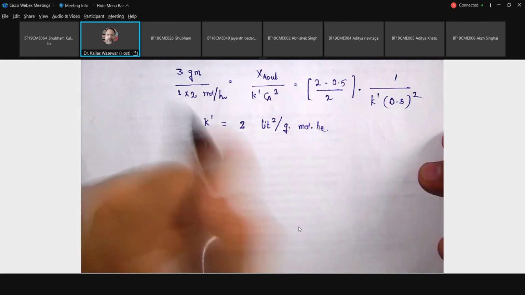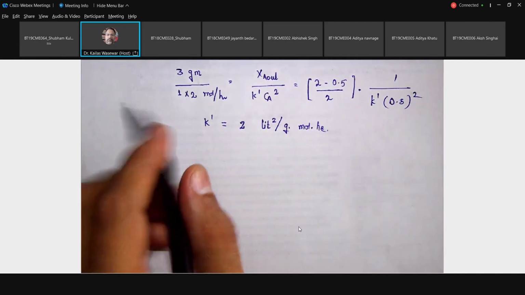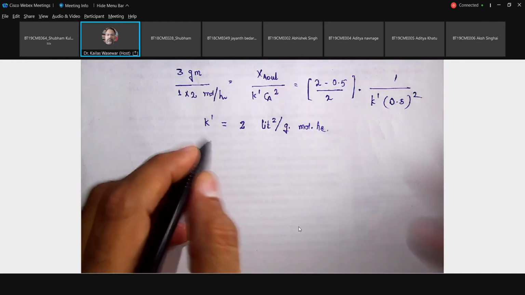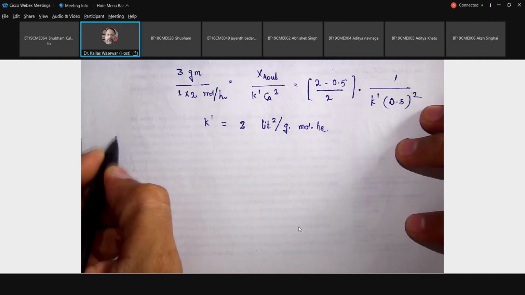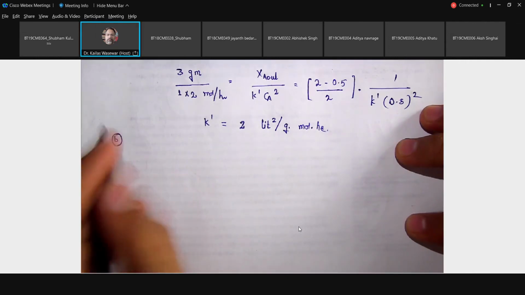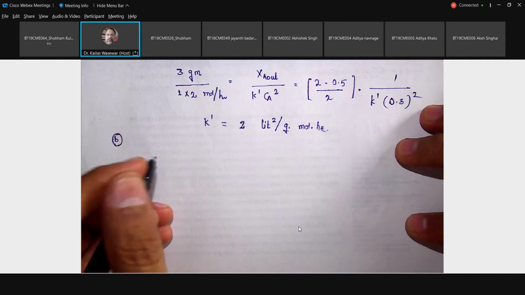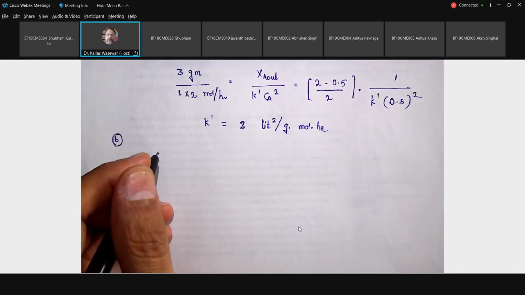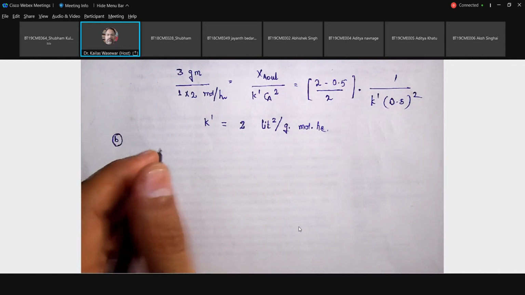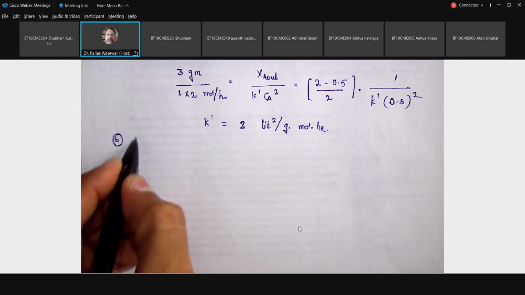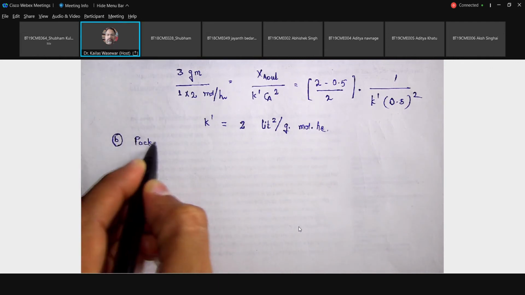Now suppose we are performing the same reaction having the rate constant 2 in the corresponding unit, that is liter square per gram mole hour, and we are performing it in a packed bed. A packed bed we can say is a plug flow reactor.